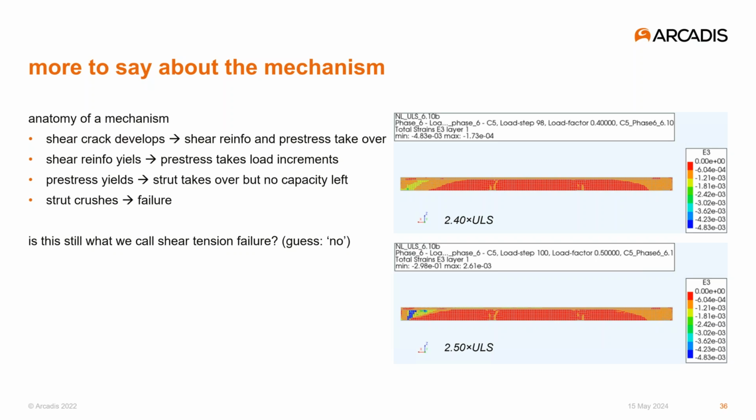So the compressive strut that runs parallel to the shear crack tries to take over, but it has no capacity left. Its compressive strains quickly increase, while the stress rapidly drops due to compressive softening. And it's the blue zone in the bottom plot that shows that in only 2 steps, the full compressive zone fails.